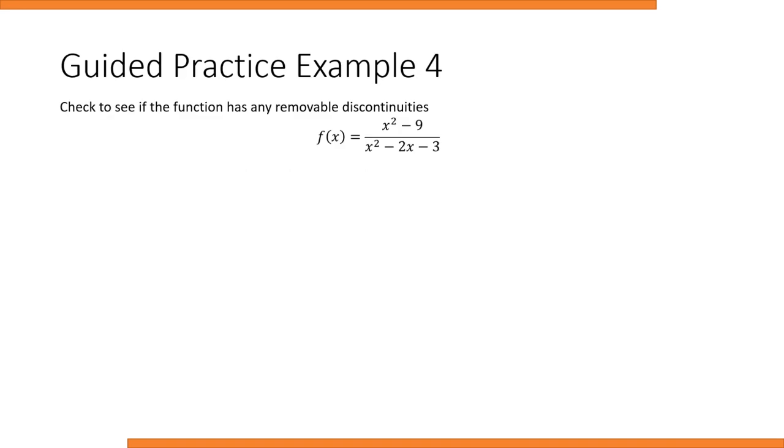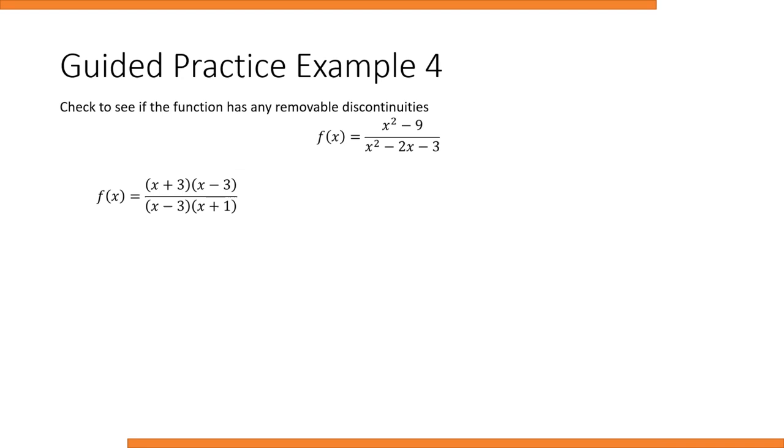So here I have the function x squared minus 9 over x squared minus 2x minus 3. Nothing's factored, so it's not obvious where I have any of my possible asymptotes or if there's a removable discontinuity. So I'm going to factor everything completely. The top factors into x plus 3 times x minus 3 because it's the difference of 2 squares.